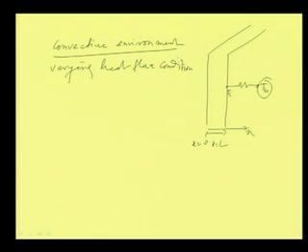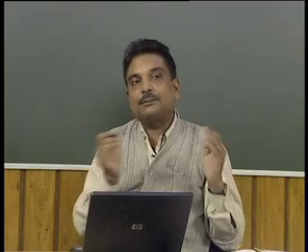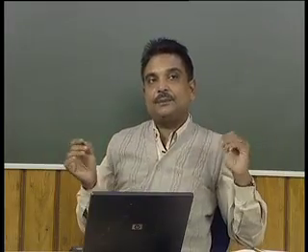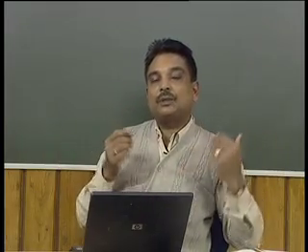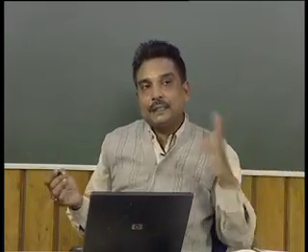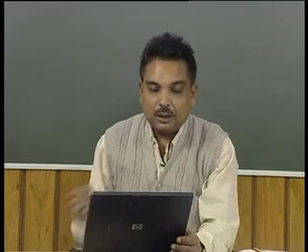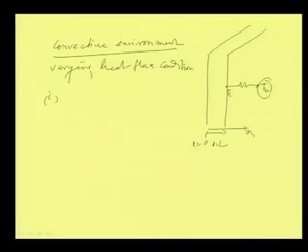As I told you, there are possibilities of several boundary conditions in case of conduction and convective heat transfer, or heat transfer from a solid body to the environment. There are different possibilities. One possibility, as we have discussed, is the constant surface temperature.